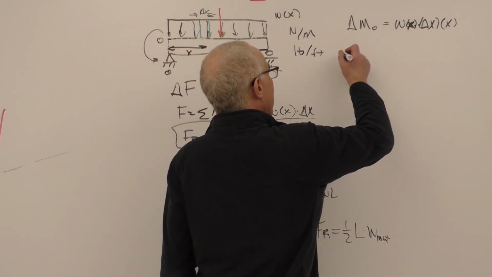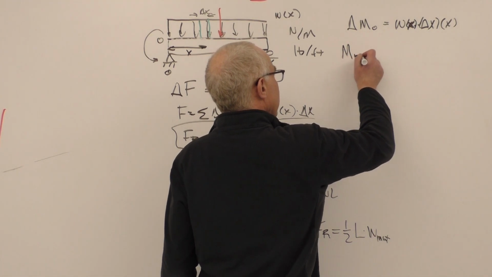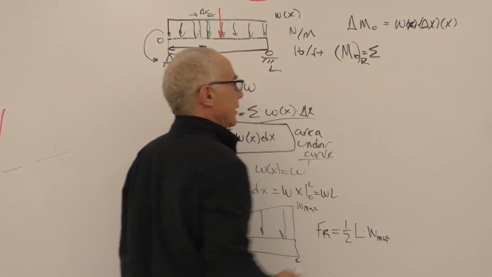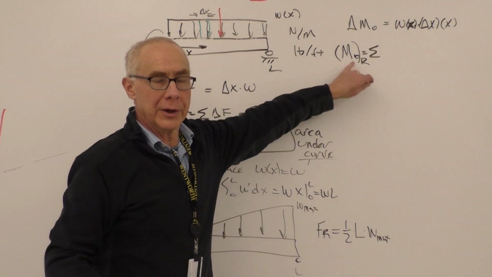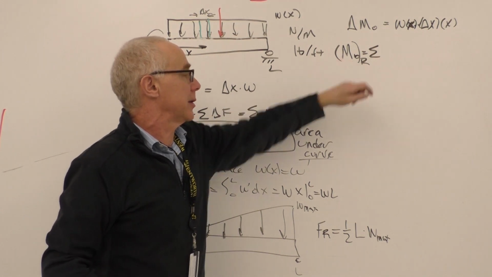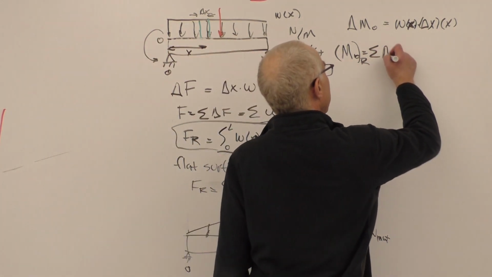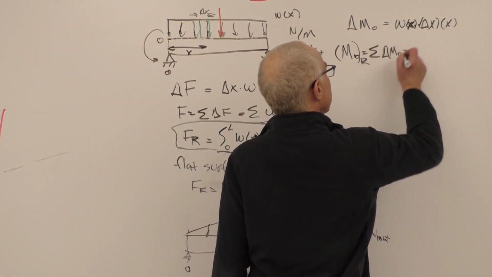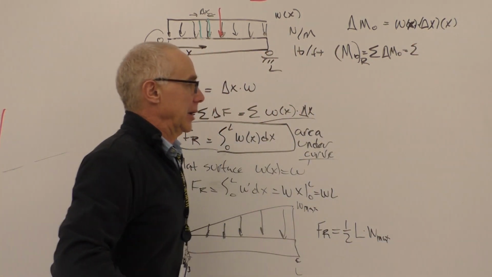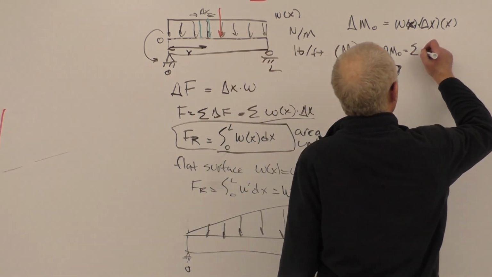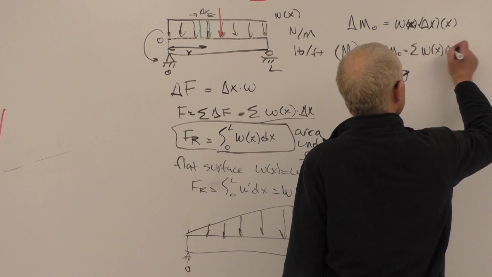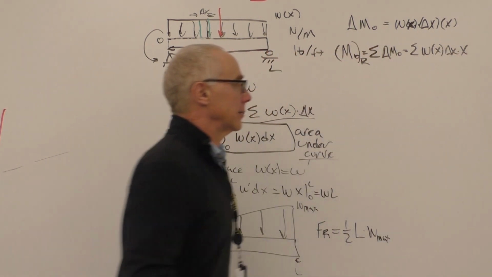Then we'd say that the resultant moment at point 0 equals the sum of my little moments, which is going to be equal to the summation over w of x delta x times x.